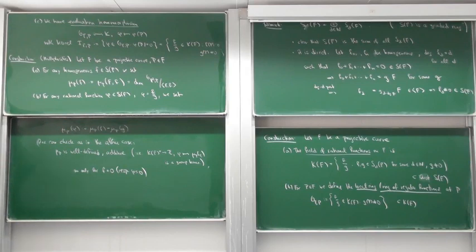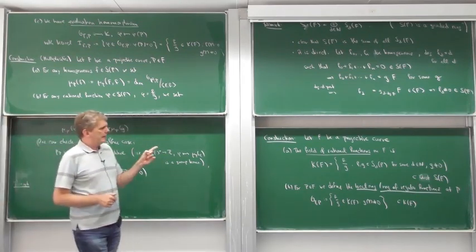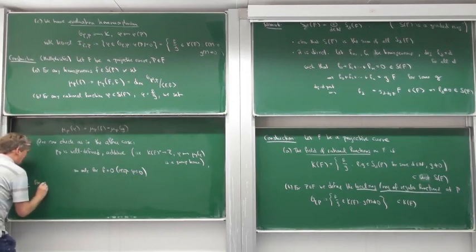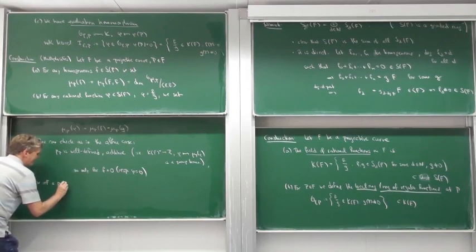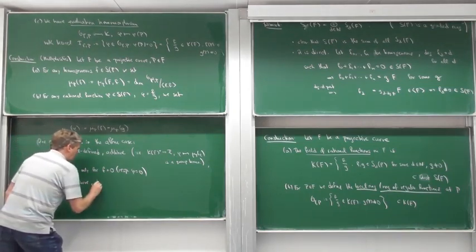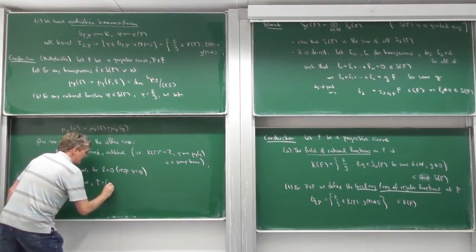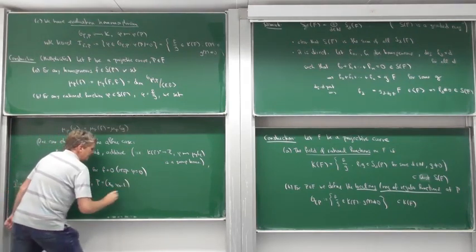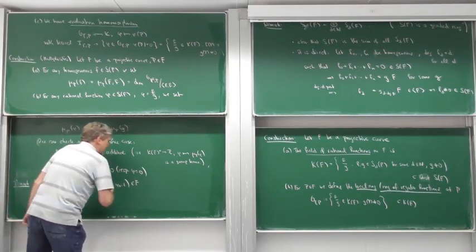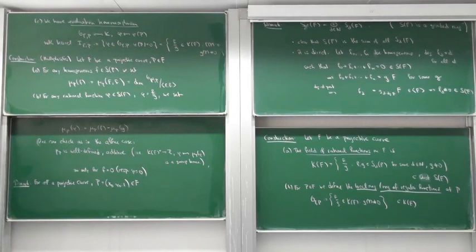And to carry over the results, the first statement is actually that everything that's local really carries over. So let F be a projective curve, and P a point on that curve, put in the affine part, so of the form (x0, y0, 1).